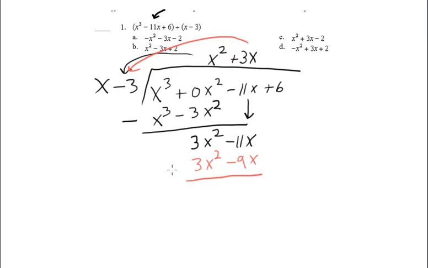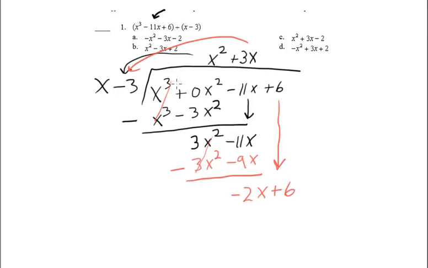Continue to subtract. These cancel out just like they did up here. And this is negative 11 minus a negative 9, which is the same as negative 11 plus 9, which is negative 2x. And we bring down our last term, plus 6.